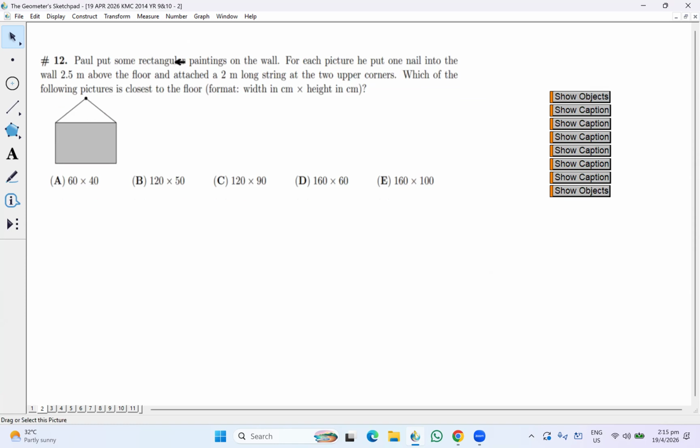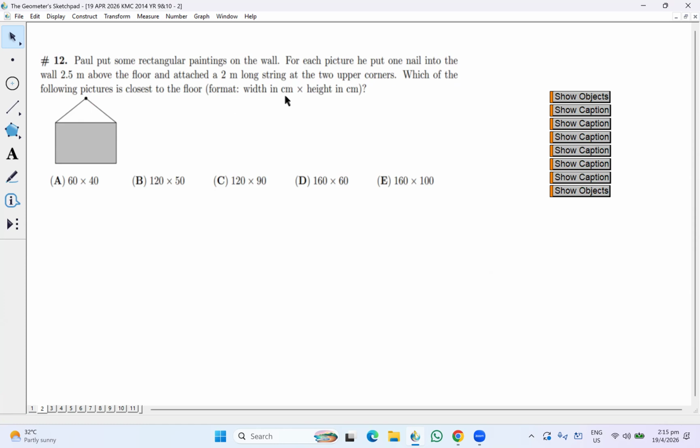Paul put some rectangular paintings on the wall. For each picture, he puts one nail into the wall 2.5 meters from the floor and attaches a 2-meter long string at the top upper corner. Which of the following pictures is closest to the floor?